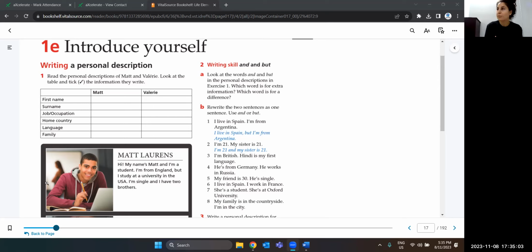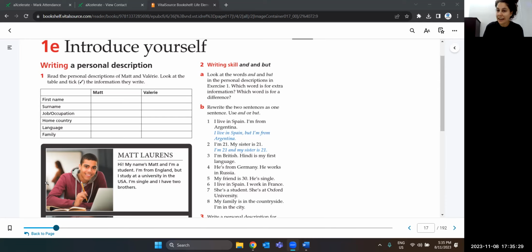So we use the verb to be when we give information about ourselves, our name, our job, our occupation, which is the same as job, our country where we're from, the language that we speak, the nationality that we are, our religion. So he could say, I'm Christian. If he's married or not, I'm single, he said. So that's why we need to use the verb to be.